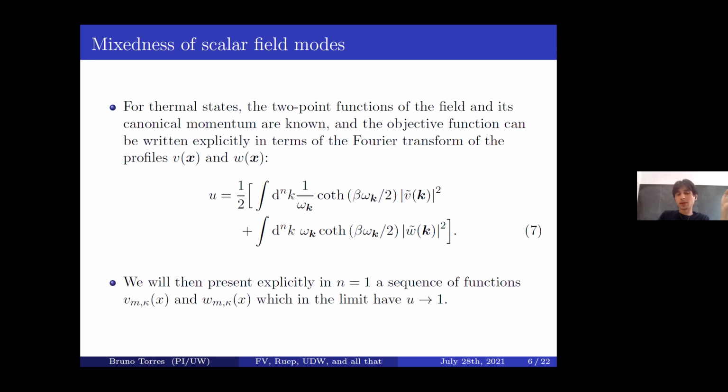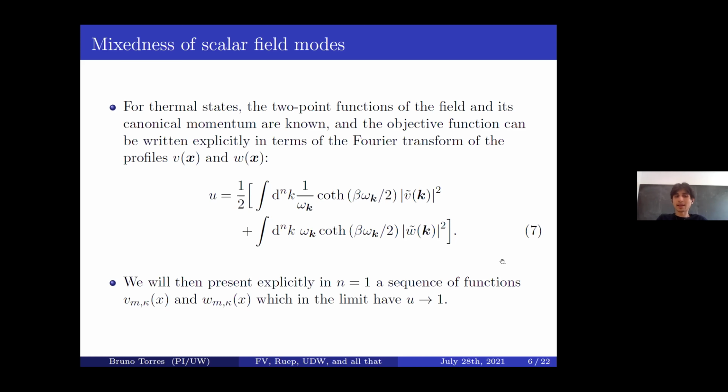And now all that we're going to do is to present explicitly, in the case of one spatial dimension, but you shouldn't expect it to be much harder in general dimensions. We will show a sequence of functions that in the limits have u going to 1.